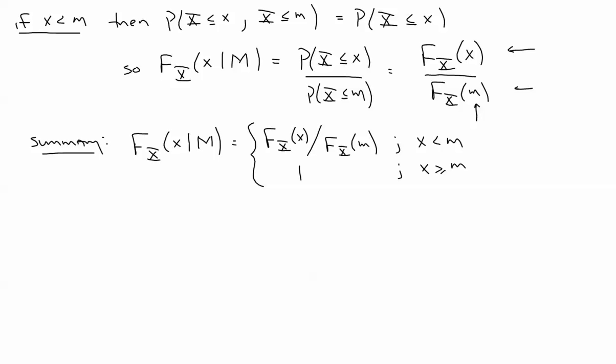For my special case that we're talking about now, my conditional cumulative distribution function looks like that. Now, next thing we'll notice is that my cumulative distribution function for x evaluated at little m is less than 1.